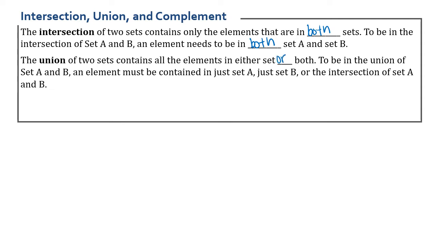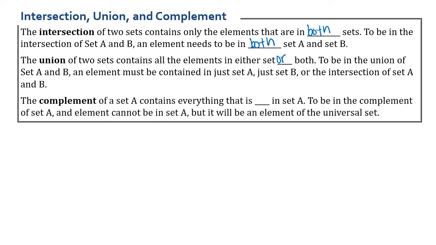To be in the union of set A and B, an element must be contained in just set A, just set B, or the intersection of set A and B. So the intersection are the elements that are in both A and B, whereas the union includes those elements plus the elements that are just in A and the elements that are just in B.